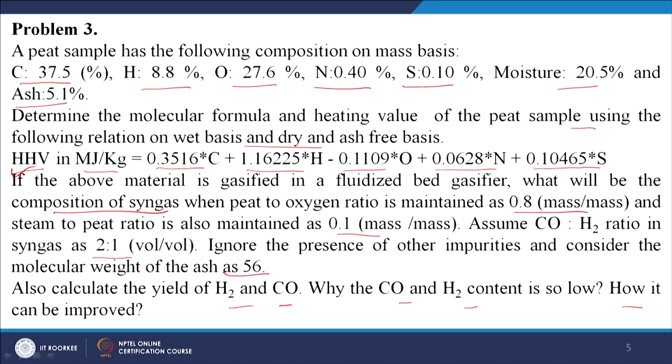Then we have to calculate the composition of syngas. Composition of syngas means the feedstock will be reacting with the gasifying agent and it will be producing syngas with different compositions, including different gas components. We have discussed in the previous class that gasification reactions can be represented by some generic expressions, and we will be using that.